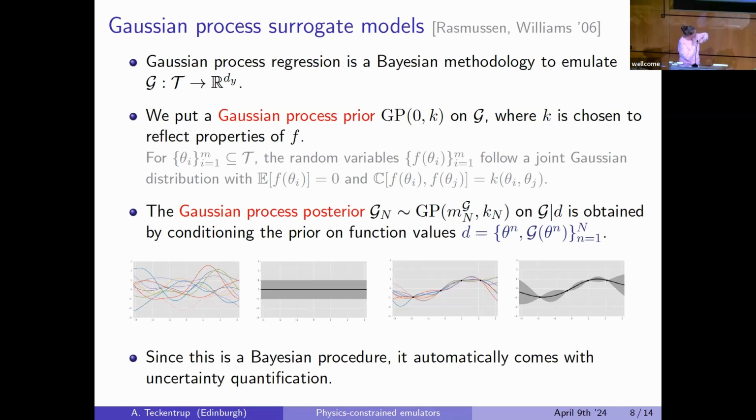And then what you do is you actually evaluate the function at some input, so that gives you these black dots there, and then that updates to a posterior using Bayes' theorem again, and so that's how you get the uncertainty quantification in the surrogate model, right? Because it is a Bayesian posterior, it does automatically give you this uncertainty quantification.